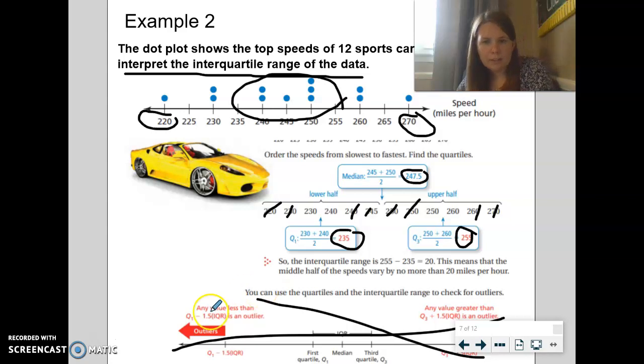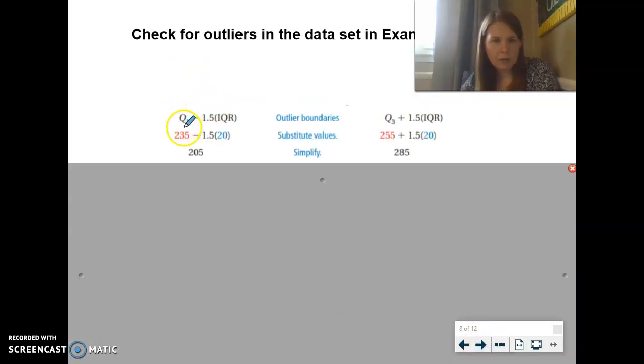So the way to figure this out is you're going to take that quartile 1, which was 235, and you're going to minus 1.5 times the IQR. So in this case, 235 minus 1.5 times 20 is 205. When we do the quartile 3 plus 1.5 times your IQR, which was 20, I go through, multiply it out, and then I add them, and it is 285.